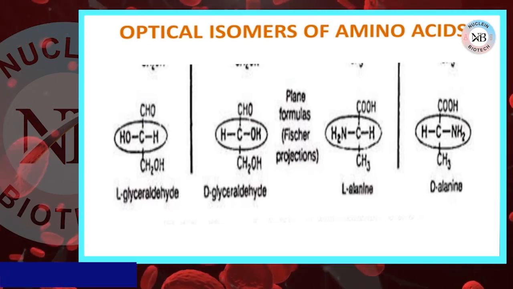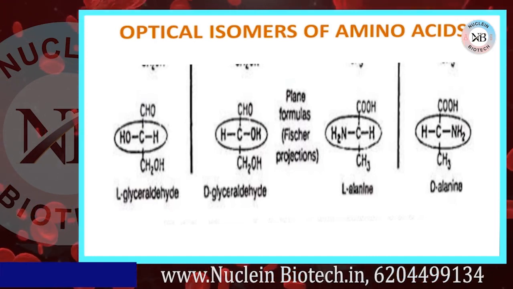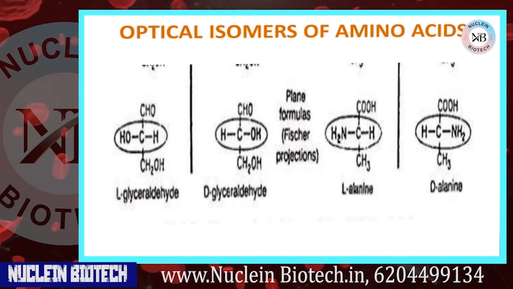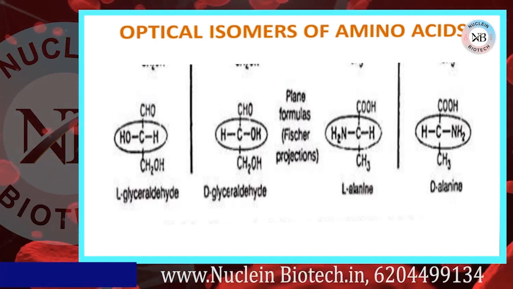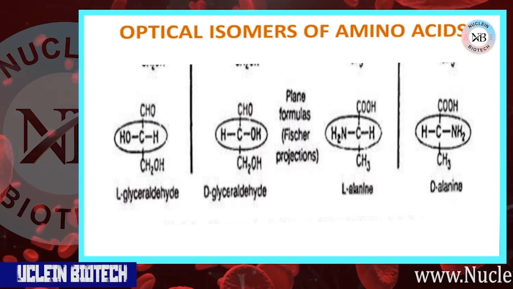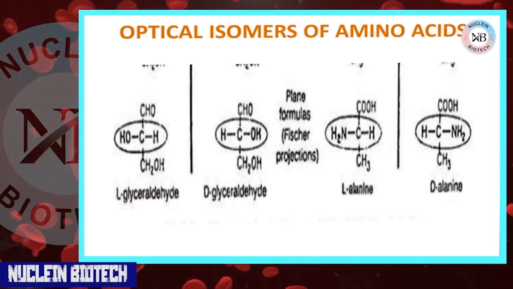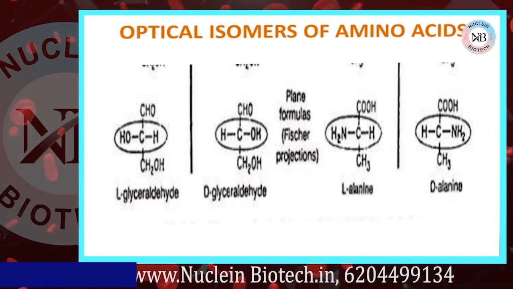Thus, for threonine, one will have D and L threonine and D and L allothreonine. Let us note that in organic chemistry, the designations L and D are now replaced by the letters S and R. For example, S-alanine and R-alanine.